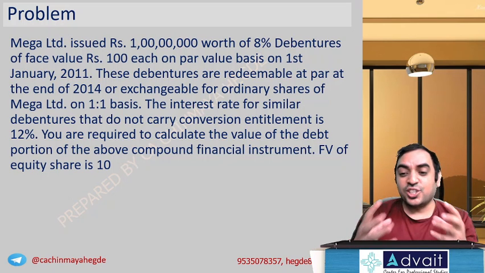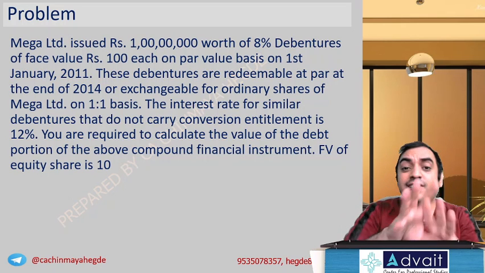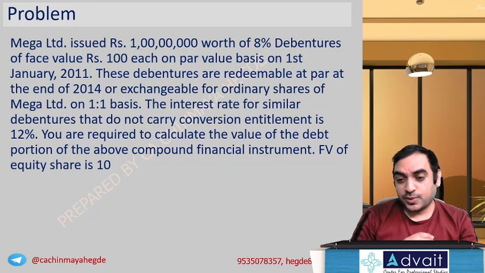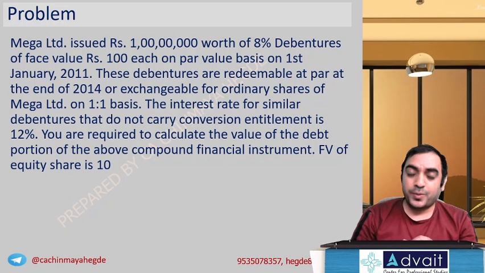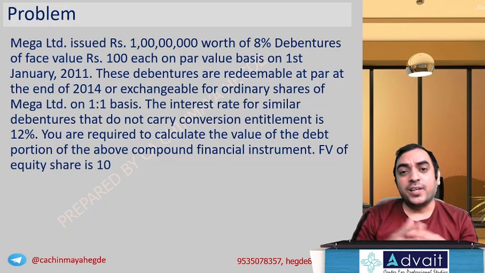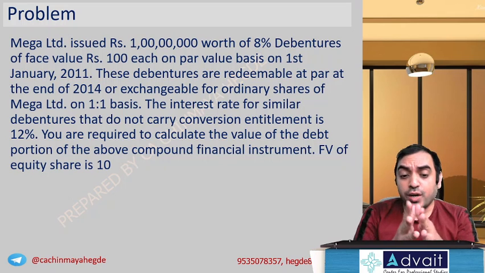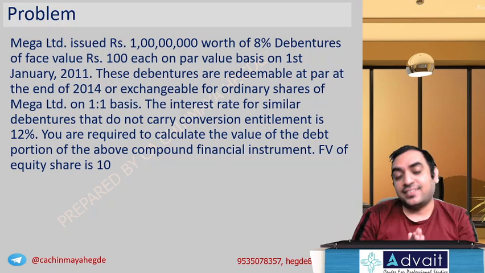So we have a situation where it falls into the category of debt as well as equity. It has both characteristics, and that's why it is called a compound financial instrument. In that case, the standard suggests split accounting: you separate into debt component and equity component.